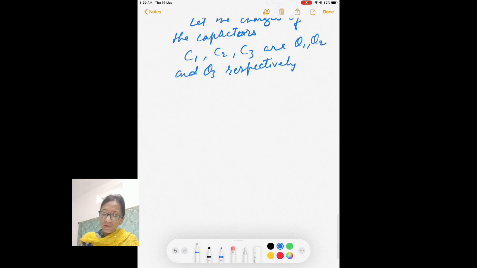So let me divide these charges into three parts.